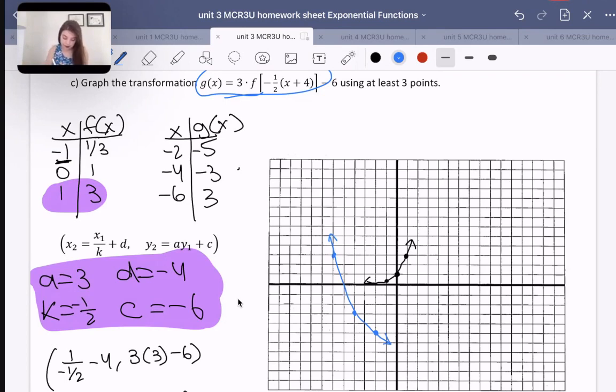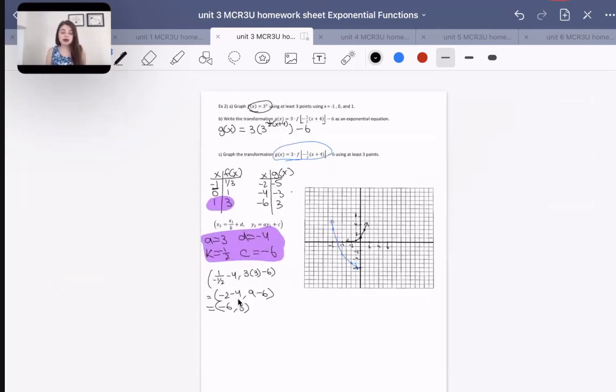Good. All right, and we have a little extra time. I will actually label a few points on this graph: 2, 4, 6, -2, -4, -6. Very good.